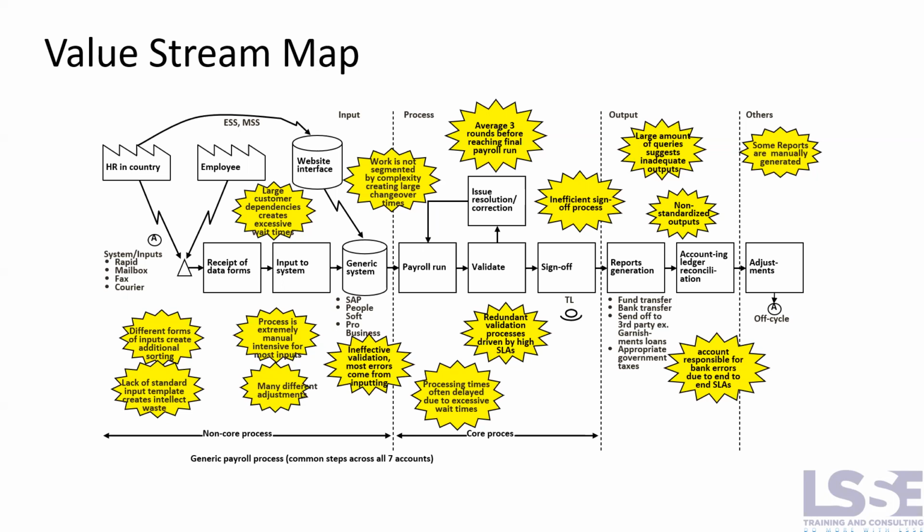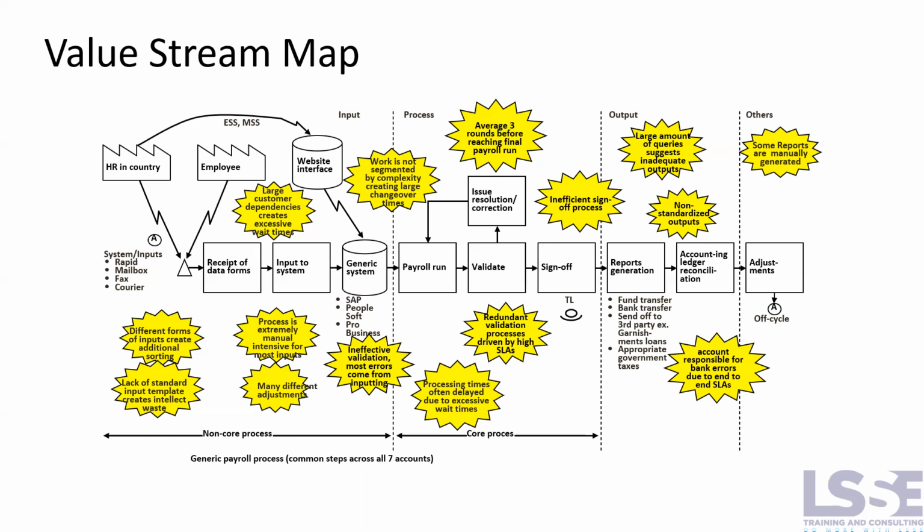The difference of the value stream map versus, let's say, the flow chart is that here there is no decision. It's a single flow process, and the additional information that's usually given in a value stream map is the waiting time.